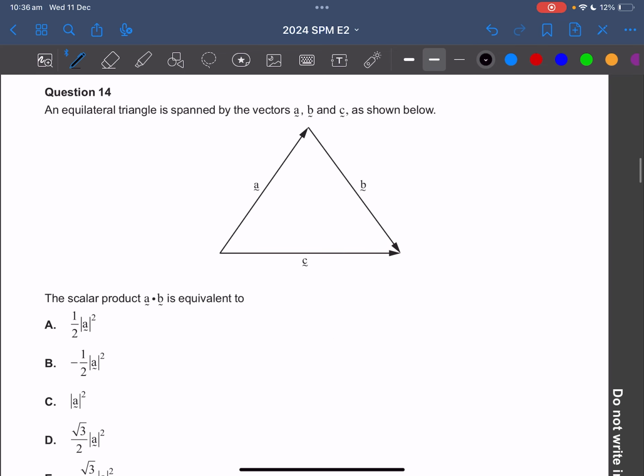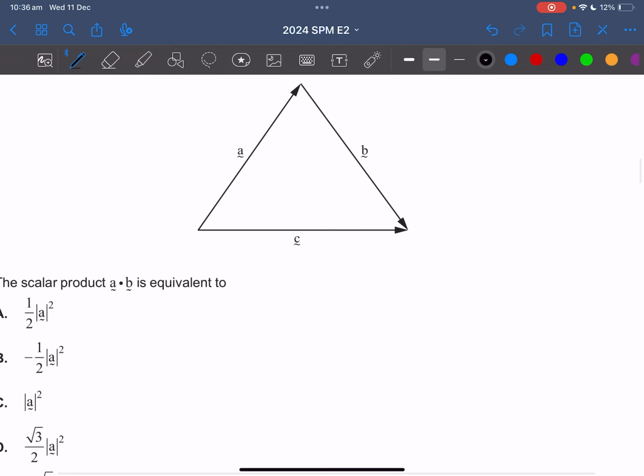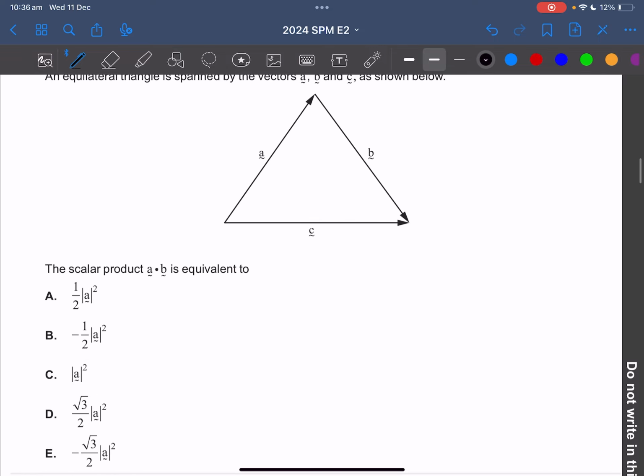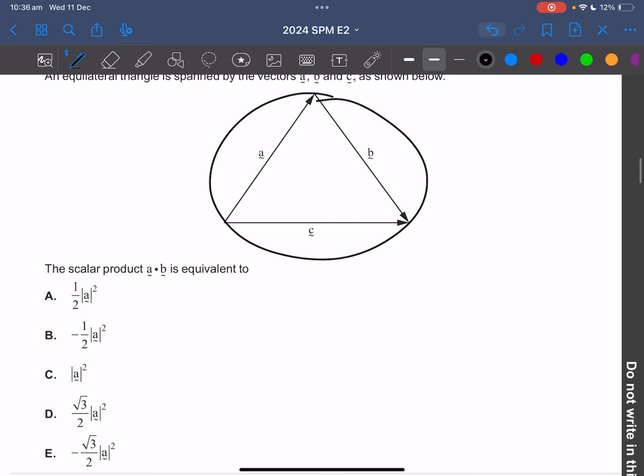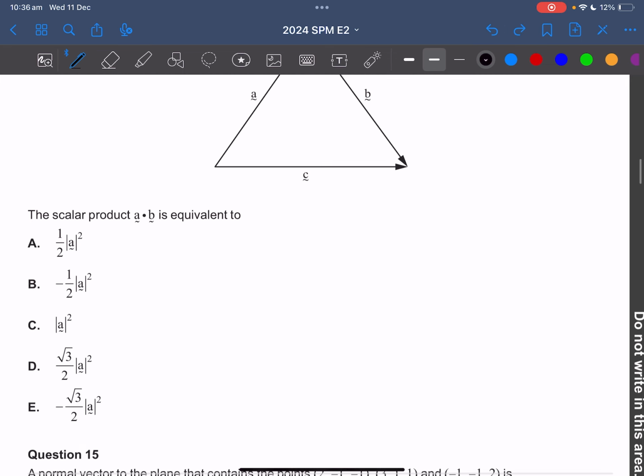So an equilateral triangle is spanned by the vectors a, b, and c as shown below. Okay, the scalar product A dot B is equivalent to. Well, first I'm going to start by plotting these vectors on the Cartesian plane just to get the hang of the angles, because all we are going to be using is the dot product formula.